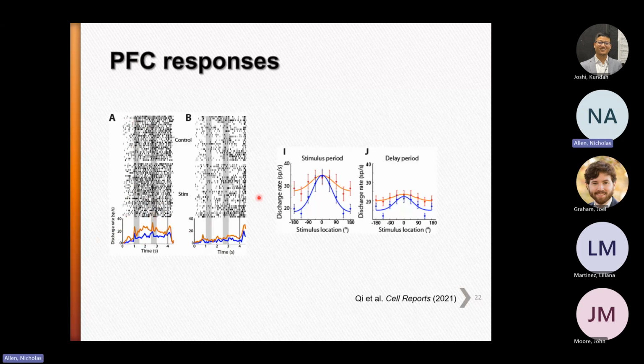However, again unexpectedly, and to our surprise, what this stimulation did was not sharpen the tuning functions of the neurons. The preference of the neuron did not become more specific. If anything, it became broader.